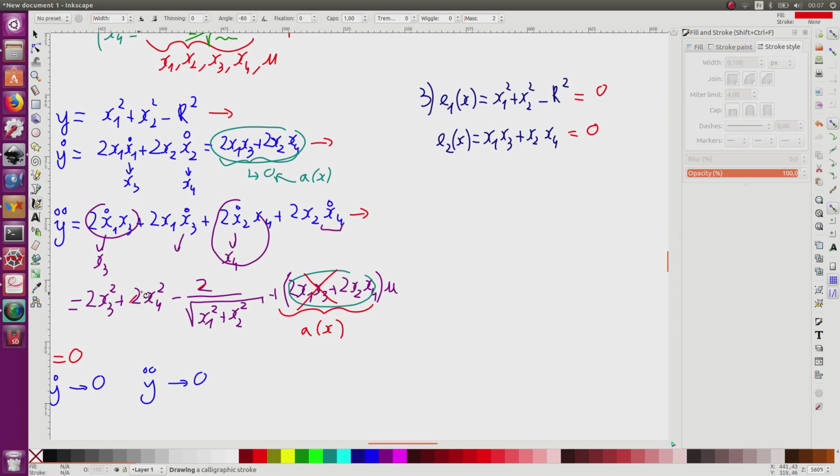I remove the 2, and the error corresponding to y dot dot will be the third error, equal to x3 square plus x4 square minus, so 2 becomes 1, and from the first equation I know that this will be equal to r, so I will have minus 1 divided by r, and also this one I want it to be equal to 0.